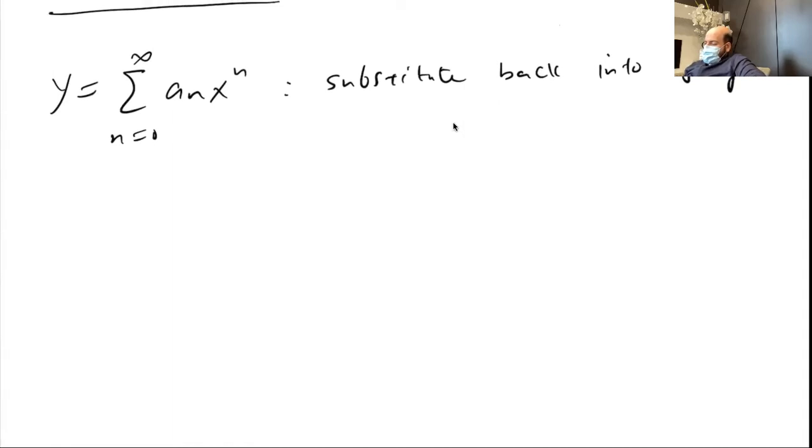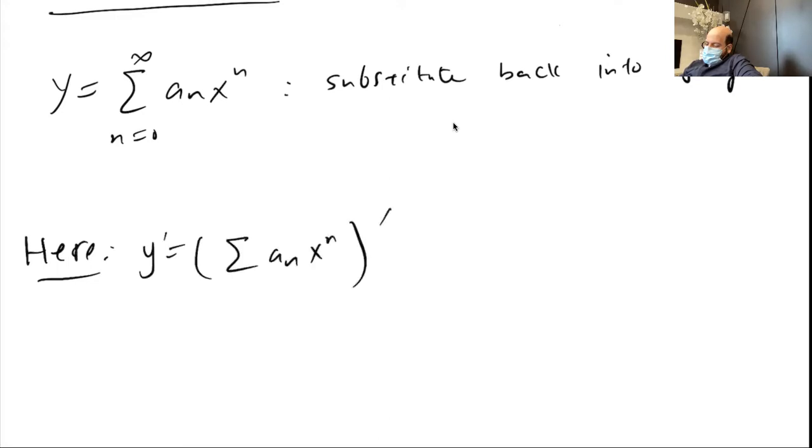So first I need to find y prime, then y double prime, then I can substitute back. So y prime here will be the derivative of this function, and that will be sigma n a n x to power n minus 1 and from 1 to infinity.